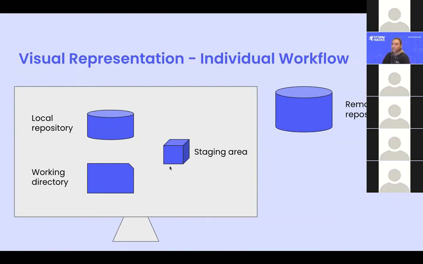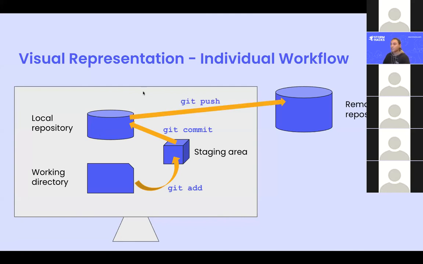Once you've made your changes, you do git add, which adds them to the staging area, so they're ready to be committed. Then you run git commit, which is when you officially add any changes you've made to your local repository. Once you do git push, you're pushing the changes you've made so they can be seen in the remote repository. That's what's happening here.